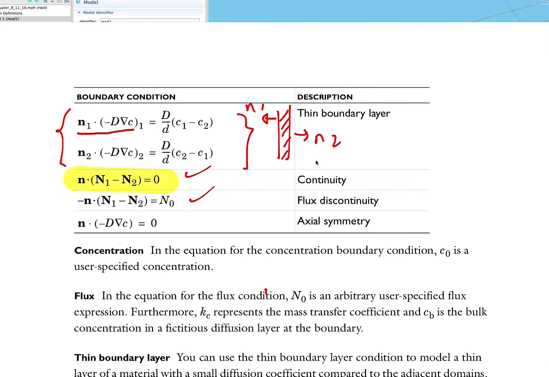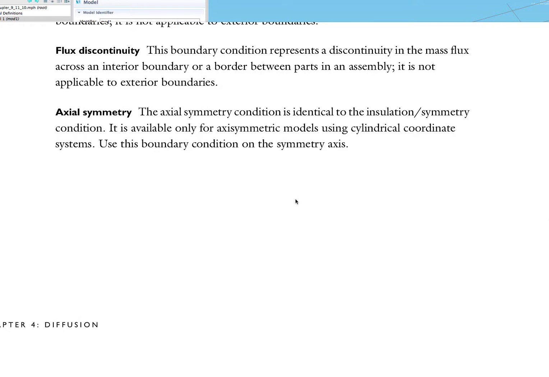Then the flux on the left and the flux on the right, you can give them in terms of the quantity D over delta, where delta is the width of this boundary layer, and you know the concentrations on both sides, C1 and C2. That would be a very nice condition when we have very thin layers. So that's the diffusion module.